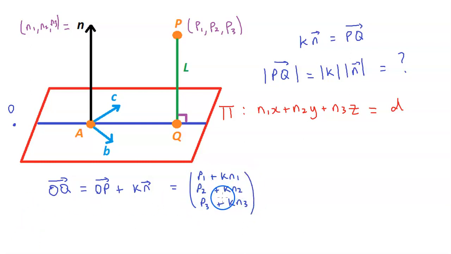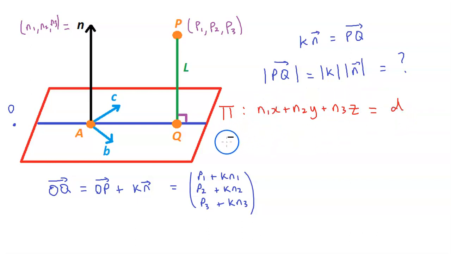And from this, we can immediately find K, because we know that Q is inside the plane pi. And hence, when x is equal to P1 plus Kn1, y is equal to P2 plus Kn2, and z is equal to P3 plus Kn3, this equation here should be true.